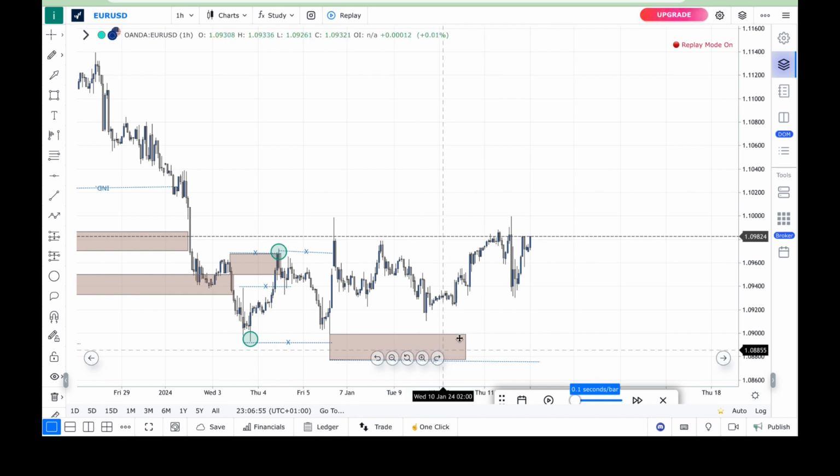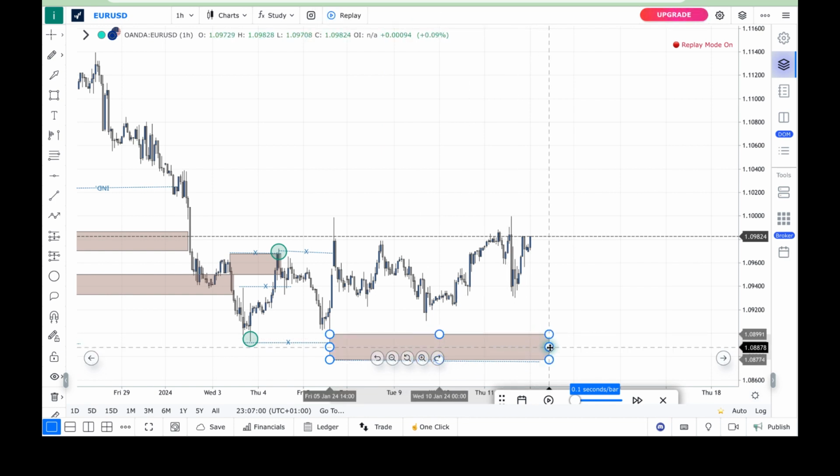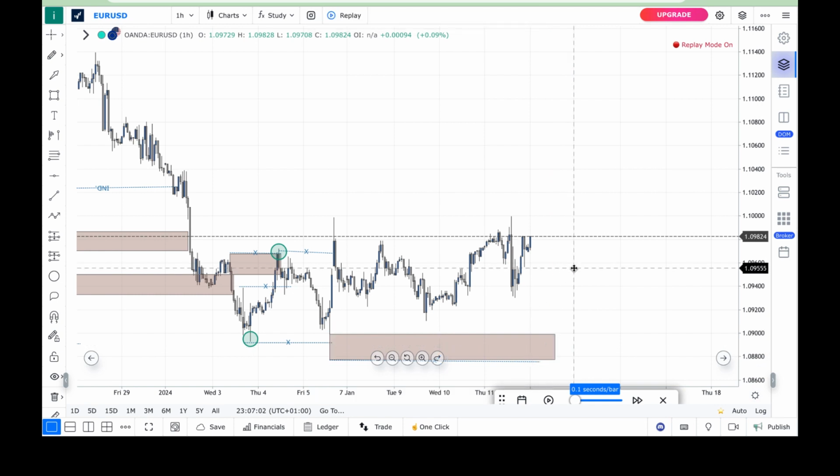Now let's see what happens to those who are setting limits here now, because this liquidity has been taken also. Yes, and some will be like, oh yes, the trend is about to change, because they pick here as their break of structure.